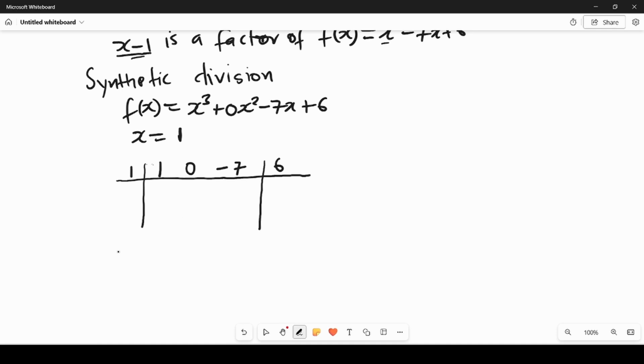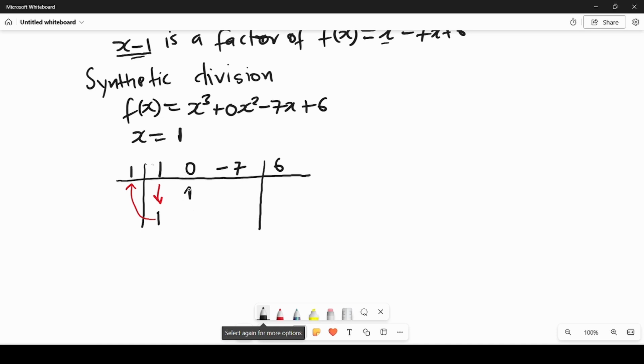The next step is you drop this number here, you just drop it. Then you write a 1 there. This 1 times this 1 gives you 1, so you write that 1 here.